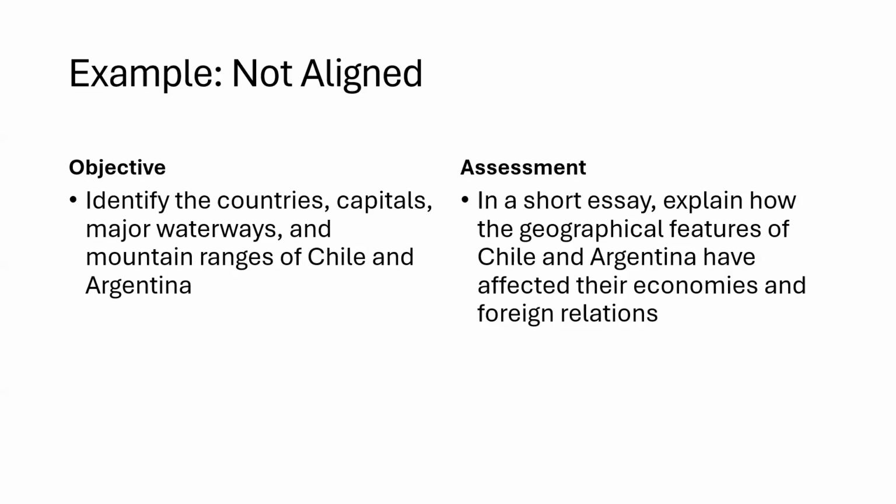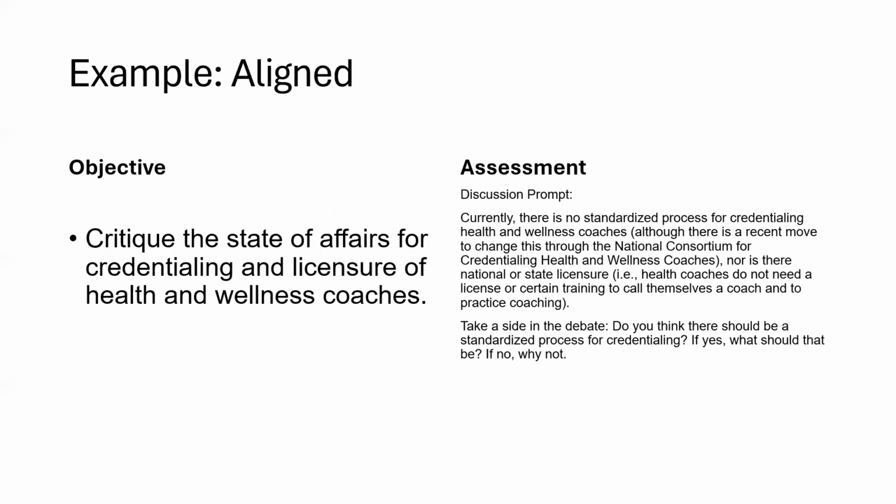Okay. So here's a second example, and this one I would say is aligned. This is in a course for health and wellness coaches, and they're looking at the state of their field as it relates to credentialing. So the objective is to critique the state of affairs for credentialing and licensure, right, of these coaches.